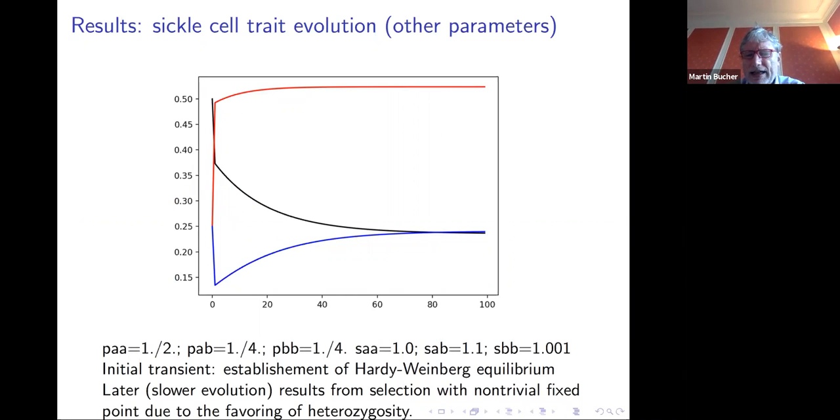Okay, here I chose something where there's a distinct advantage to the heterozygous combination, but there really isn't any significant disadvantage to having the two sickle cell alleles.